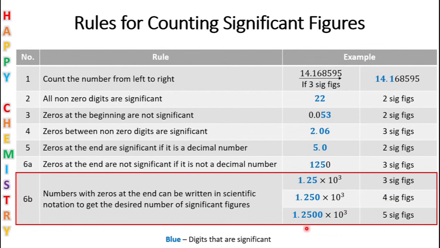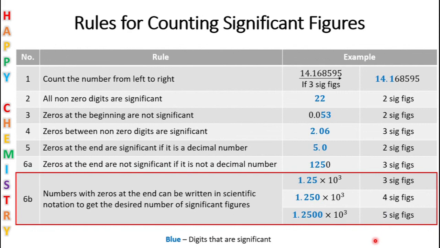If you write it as 1.2500 times 10 to the power 3, both zeros at the end become significant. Start counting from left. 1, 2, 3, 4, 5. 5 significant figures in this number.